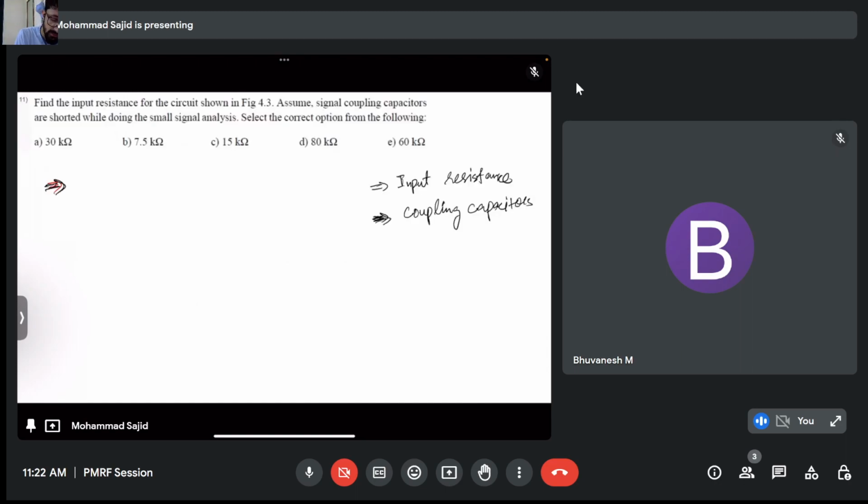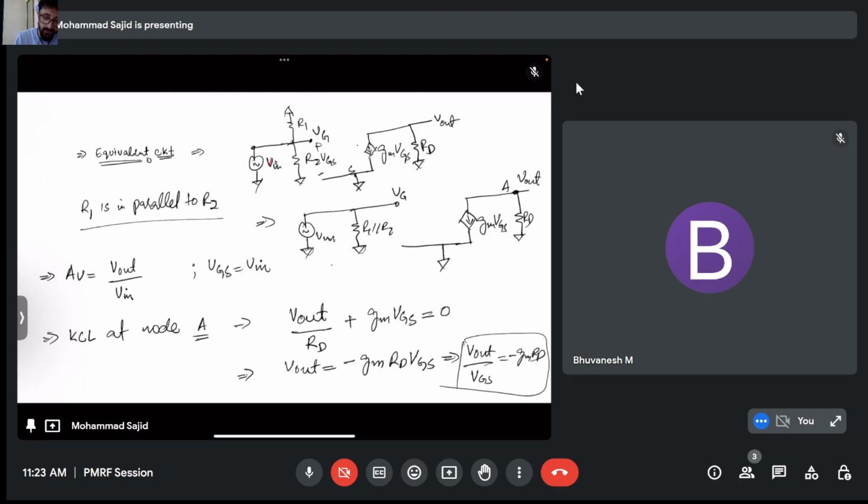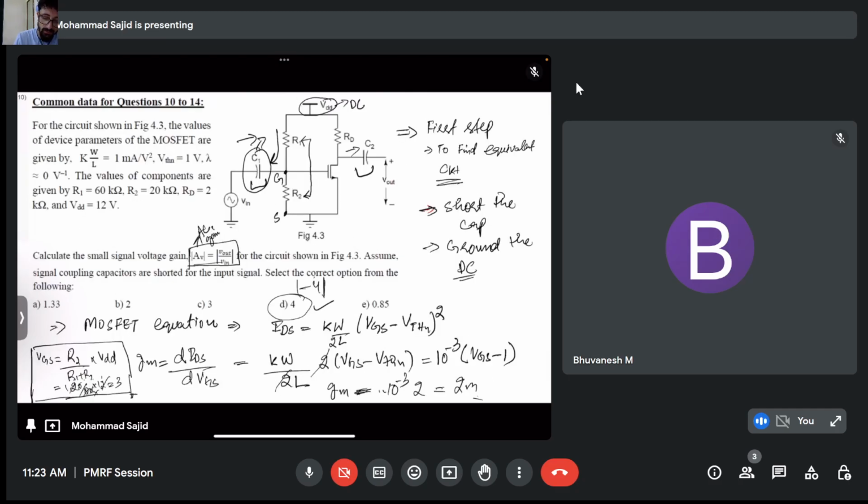So first step is again to draw the equivalent circuit, right? So this is the circuit. We had to draw equivalent circuit of it.